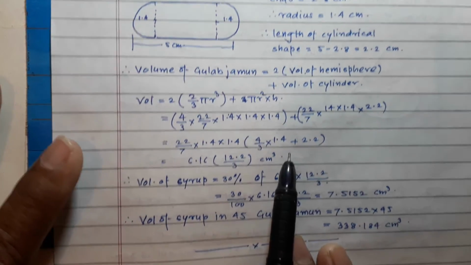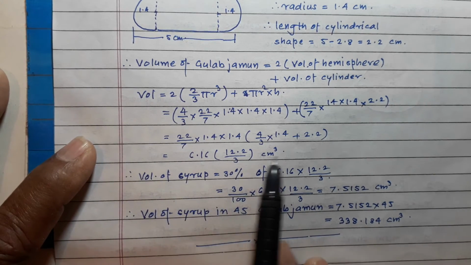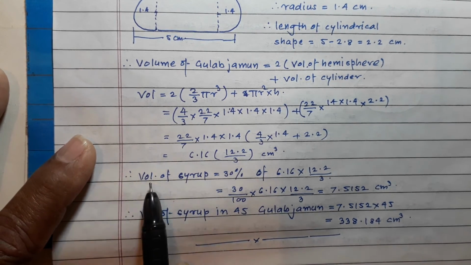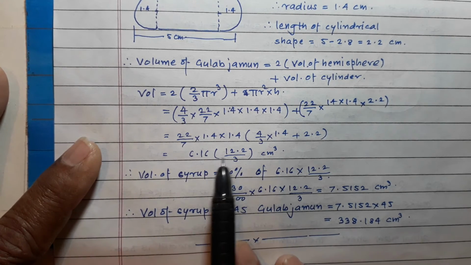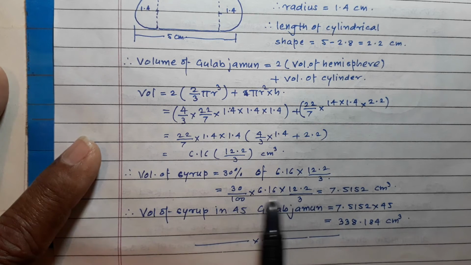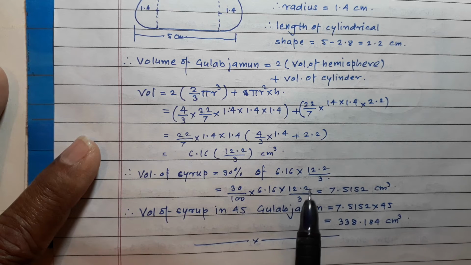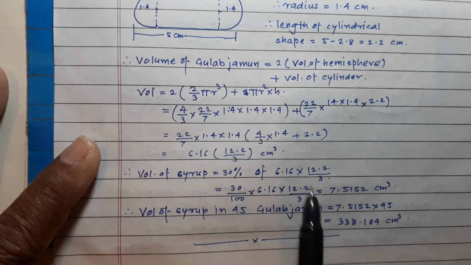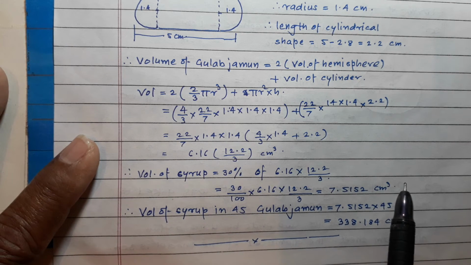If you simplify this, you will get 7.5152 cm cube.